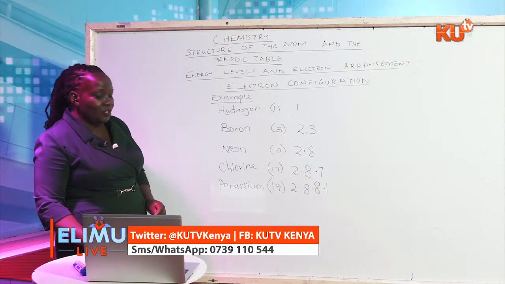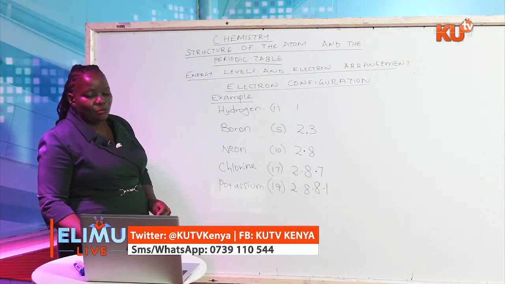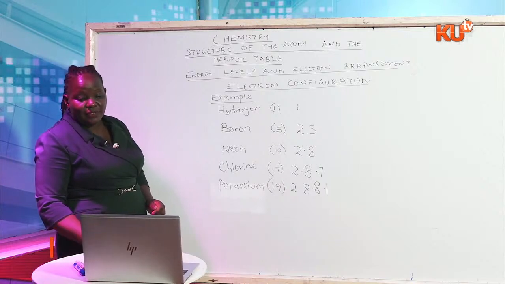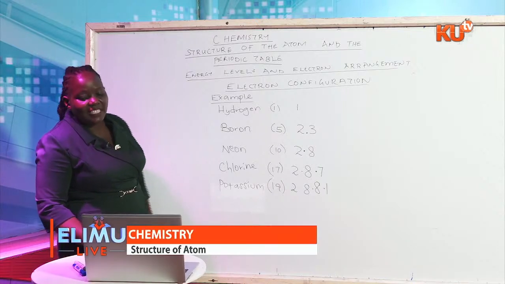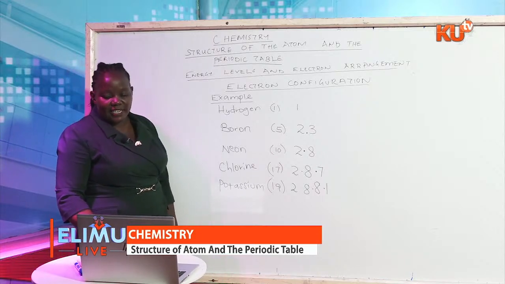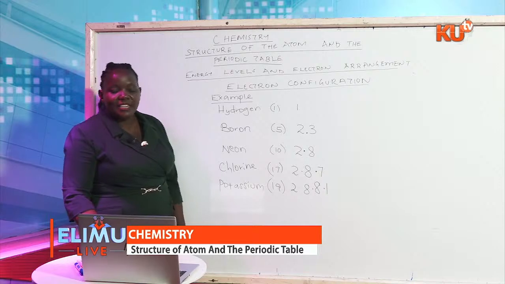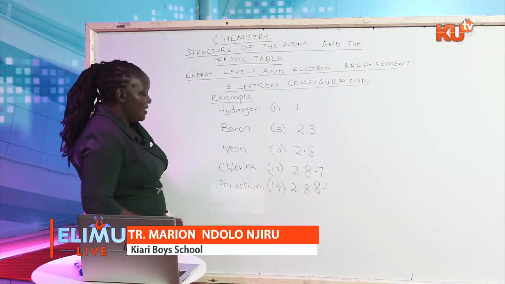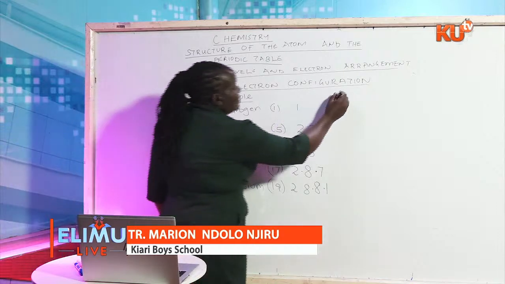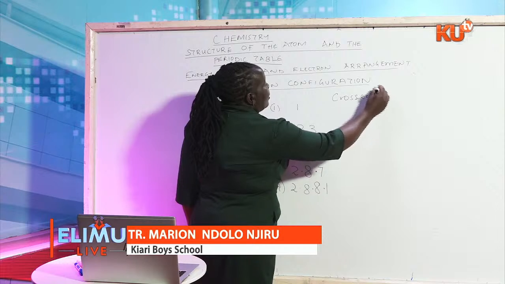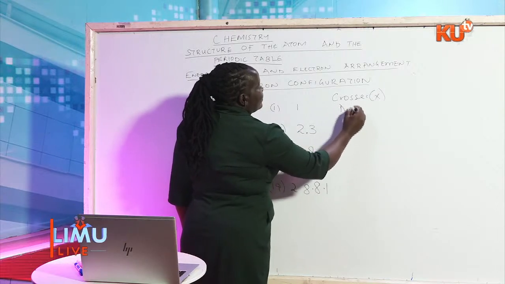Electron arrangement can also be represented in a diagram. When we are representing it in a diagram, we use either crosses or dots.